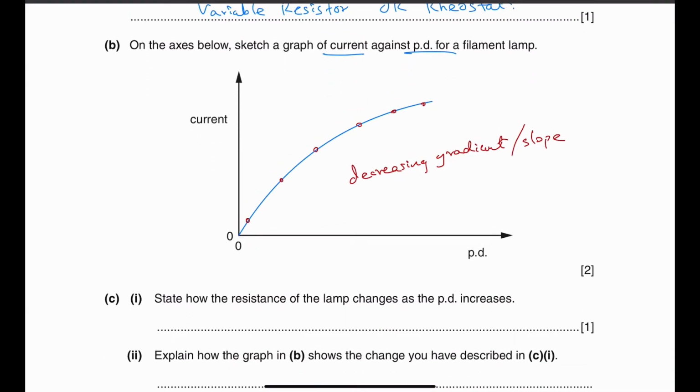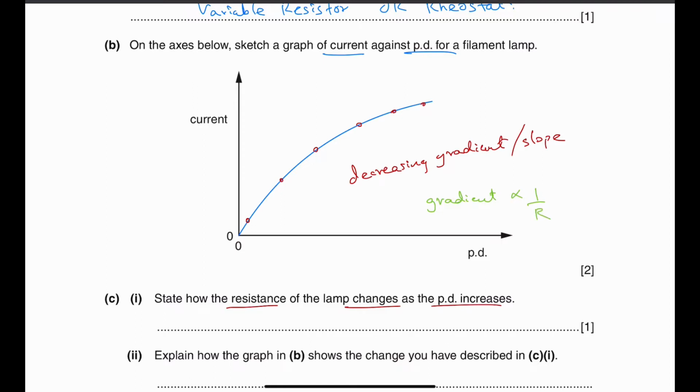Now they're saying state how the resistance of the lamp changes as PD increases. So as potential difference is increasing, what can we say about the resistance, whether the resistance is constant, whether it's increasing or it's decreasing? Well, you must remember that for this kind of graph, the gradient is basically inversely proportional to the resistance.